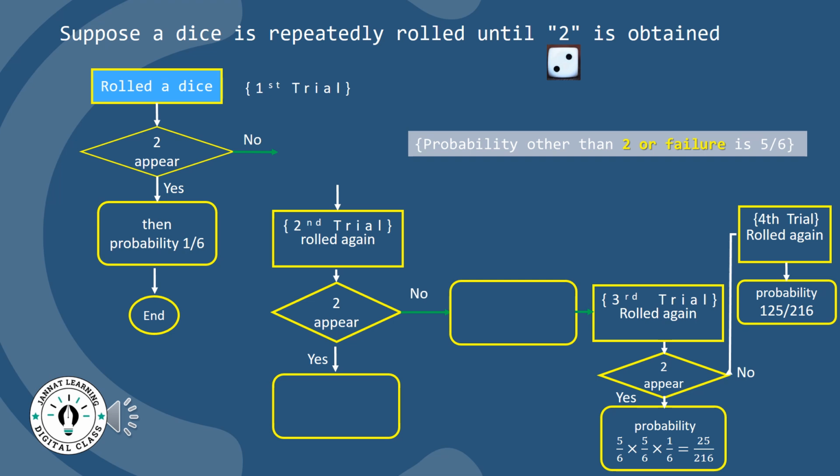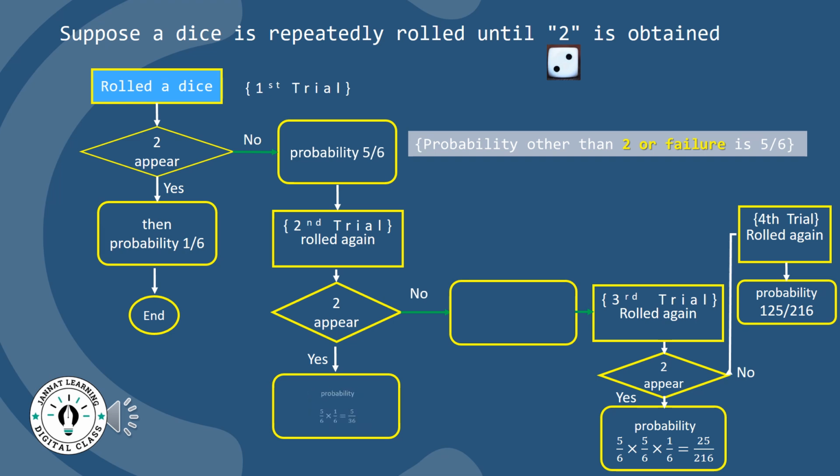We shall roll the dice again for the second trial. If 2 does not appear in the first trial, then the probability of the first trial was 5/6. Based on the outcome, the second trial will be multiplied by 5/6. That is, if the second trial is successful and we get 2, then the probability of the second trial will be 1/6.